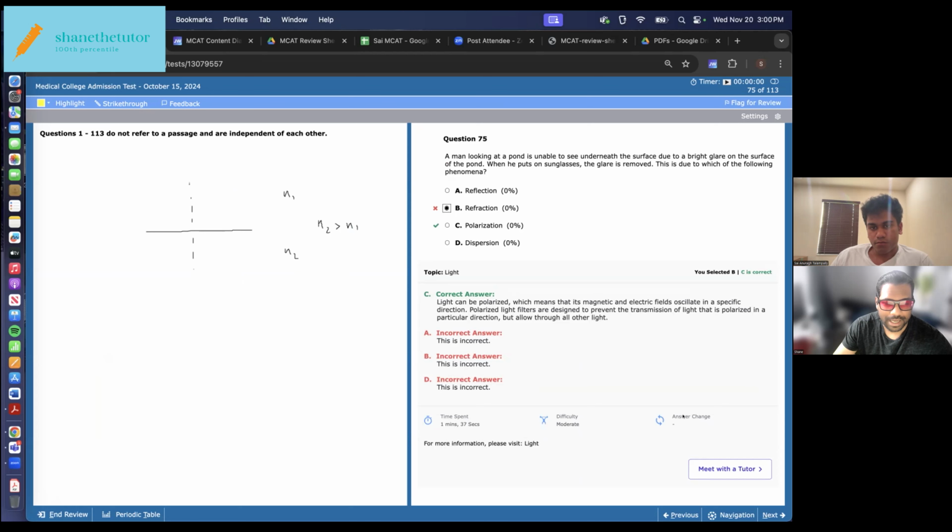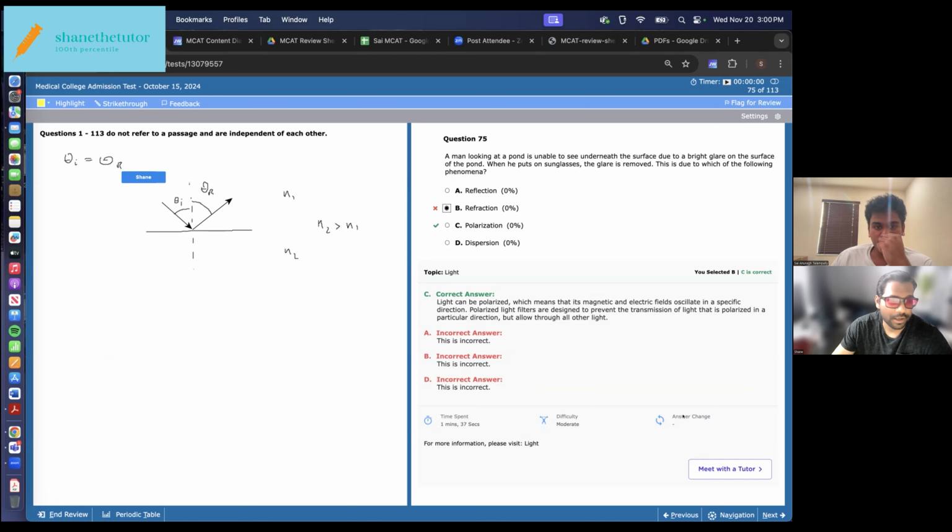We have this incident ray with an angle that is always relative to the normal. I'm going to write the angle of the incident ray. Now, this will also produce a reflection, which I'll call theta capital R, and the angle of incidence is equal to the angle of reflection.